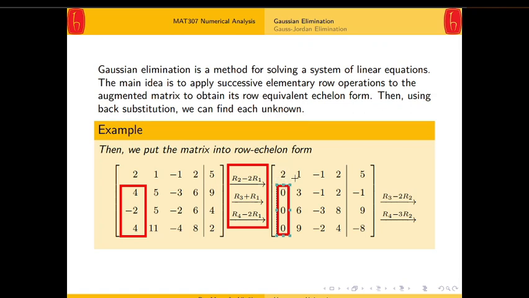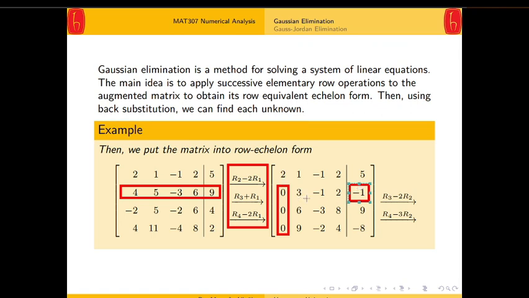The other entries will also change. If you perform the first operation, twice the first row will be subtracted from the second row, so this will be 0, and then 2, 5 minus 2 will be 3, and -3 minus -2 will be -1, which is here, and 6 minus 4 will be 2, and 9 minus 10 is -1.